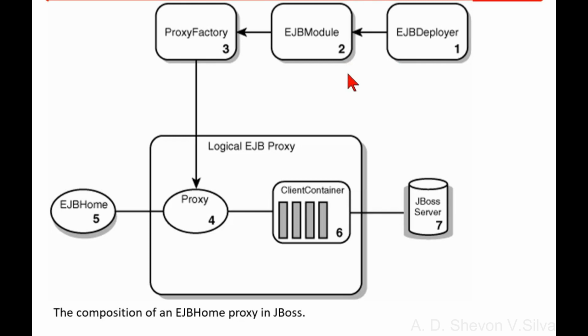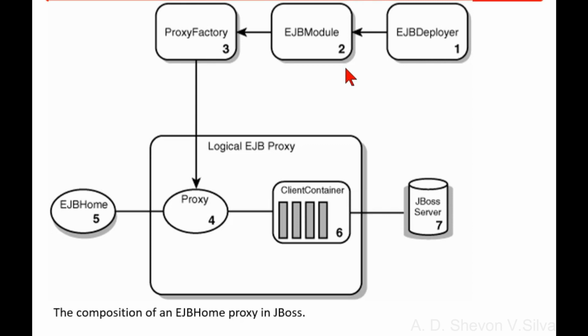The create phase of the EJB module lifecycle creates an EJB proxy factory, org.jboss.ejb.EJBProxyFactory, that manages the creation of EJBHome and remote interface proxies based on the EJB module invoker proxy binding metadata.